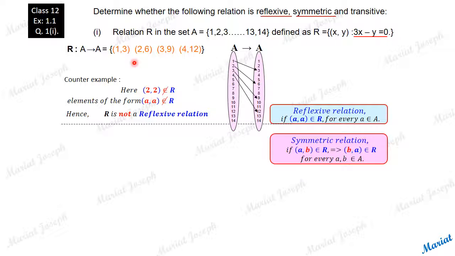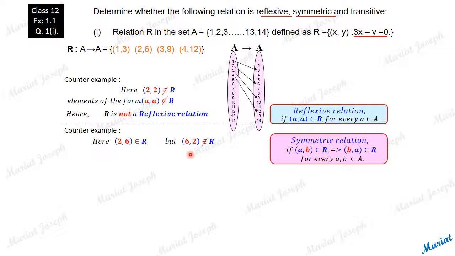Let's go checking. I'm taking an example (2, 6). (2, 6) does belong to the relation. Yes, that is why we had picked it up. But can we find the pair (6, 2)? No. (2, 6) is there in the relation, but (6, 2) is not found among them.